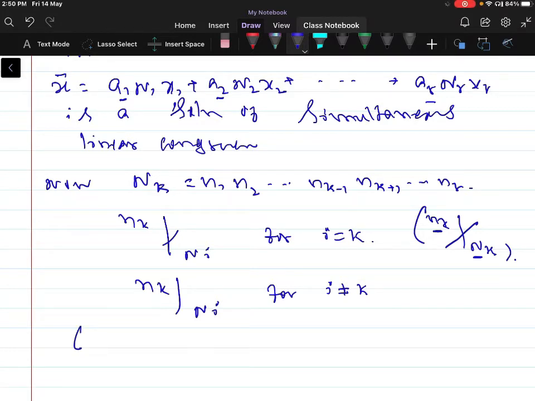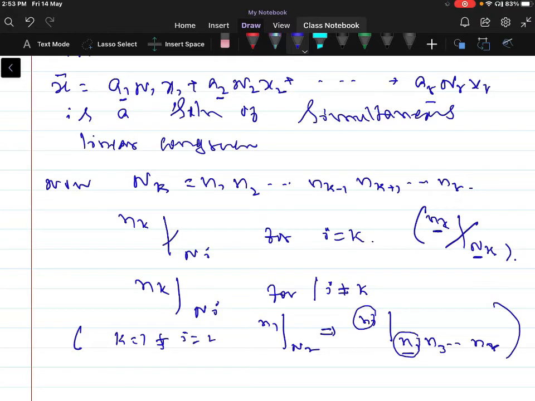For example, you take k is equal to 1 and i is equal to 2. So anyway, k is not equal to i here. Take n1 divides obviously capital N2, because capital N2 is n1 into n3 and so on nr, and n1 divides n1.